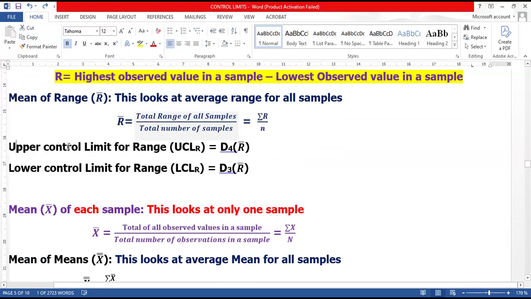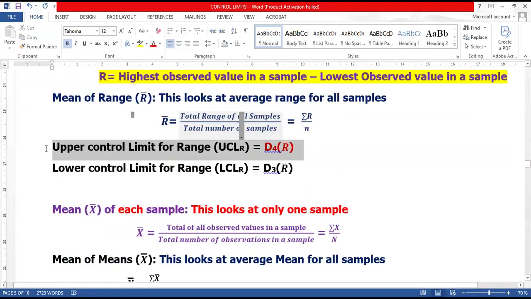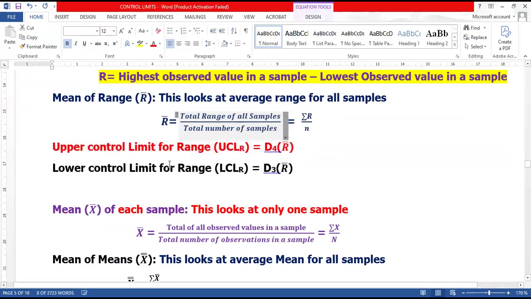Then when you're getting the upper control limit for range, this is the formula you will use. Take note that sometimes in an exam, the examiner gives you the formula. D4 is a constant value.